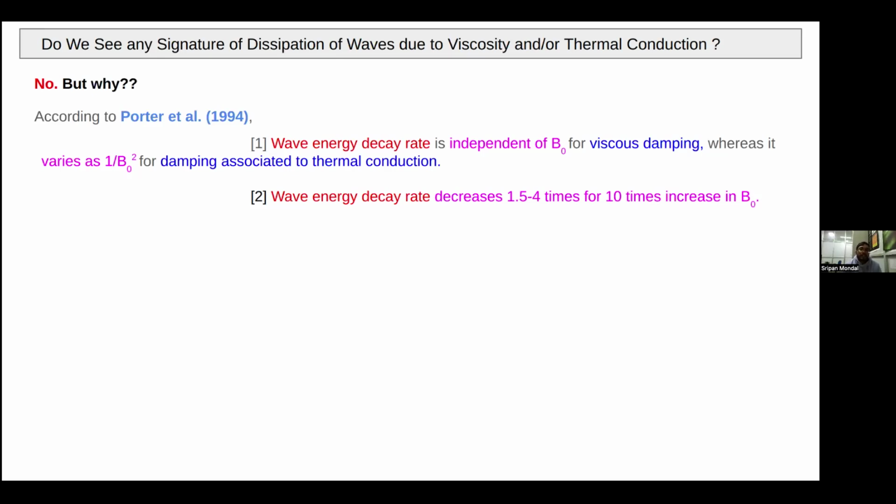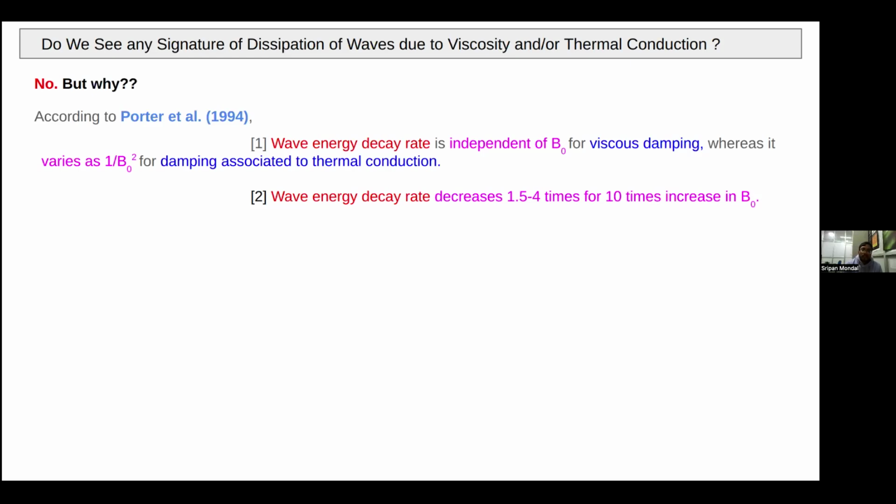They said that the wave energy decay rate is independent of B naught, the background magnetic field, if we consider damping due to viscosity, whereas it varies as 1 by B naught squared for damping associated with thermal conduction. They have also calculated that the wave energy decay rate should decrease by only 1.5 to 4 times when B naught is increased by 10 times.